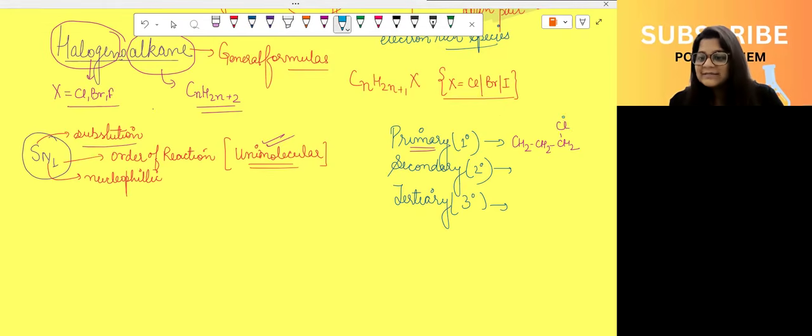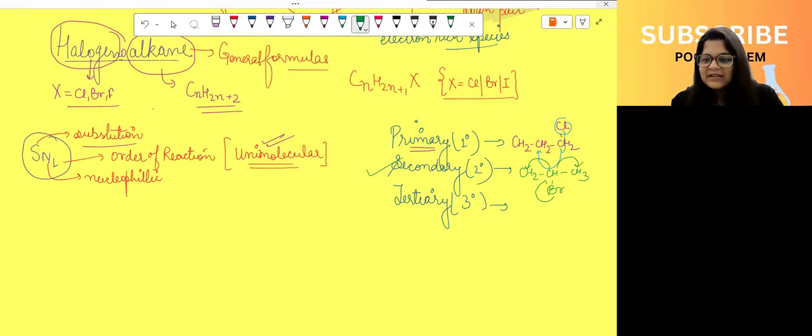So primary means my halogen is attached to a carbon, which is further attached to just one carbon, right? So primary halogenoalkane means a chlorine or any other halogen is attached to a carbon, which is further attached to just one carbon. So if my case is like this, now the halogen is attached to a carbon, which is further attached to 2 carbons, it will become secondary.